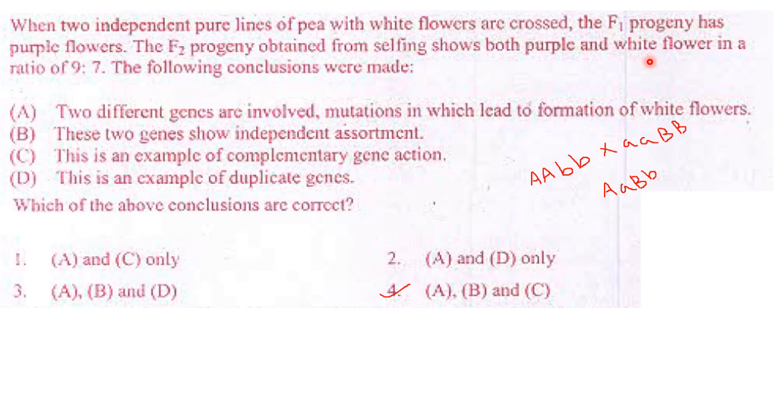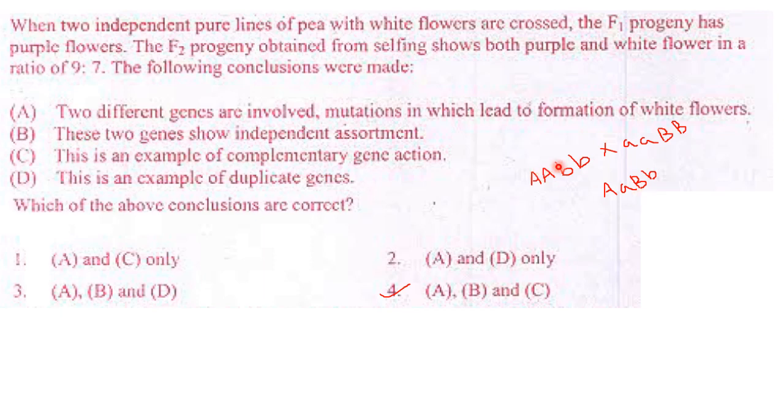Now we will come to the conclusions that were made. The two different genes are involved, mutations in which lead to formation of white flowers. That is correct, because if you see this one, capital A, small b, B is mutated. But when A got crossed with small a, capital B, A and B came together and it resulted in purple flowers.